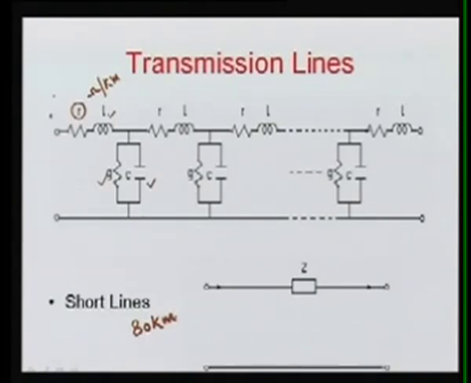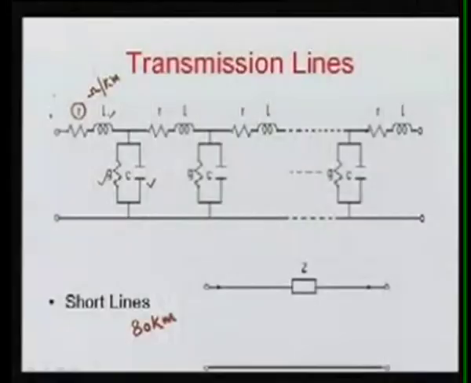In that case, what we normally do is ignore the charging capacitance, that is C, and the conductance G, and we only take the series impedance, which is represented as a lumped parameter.